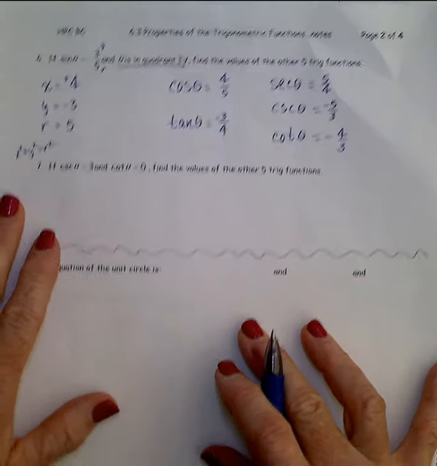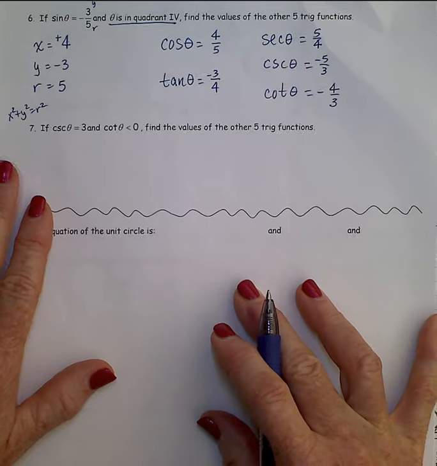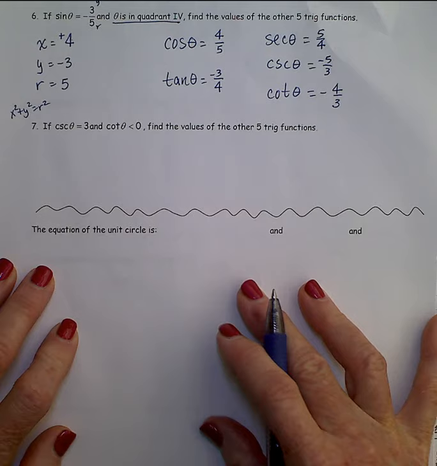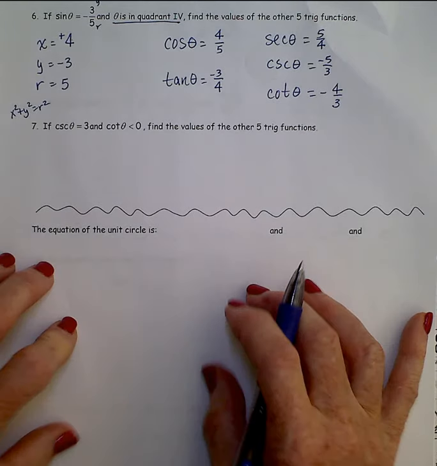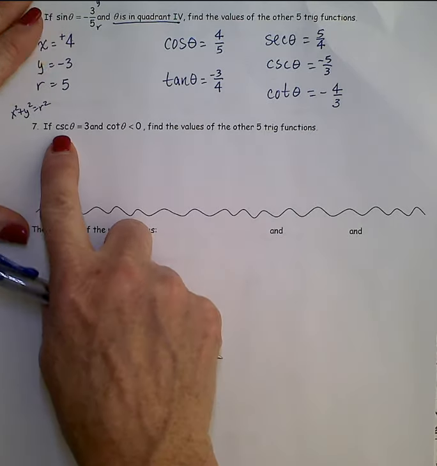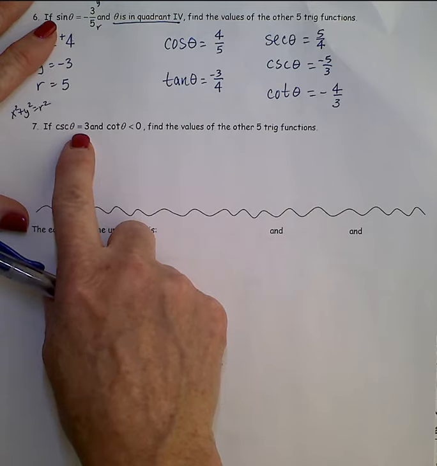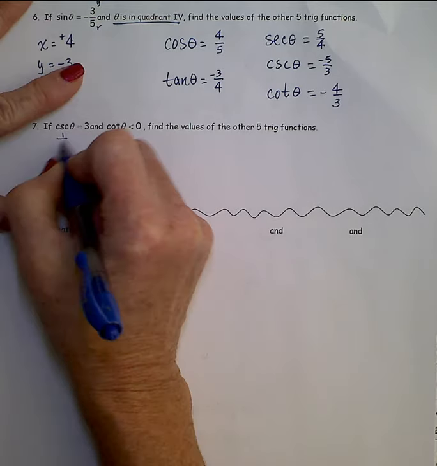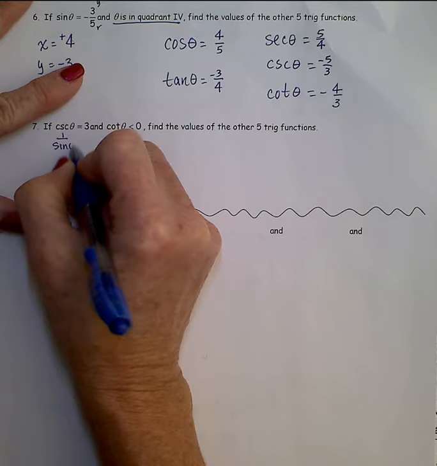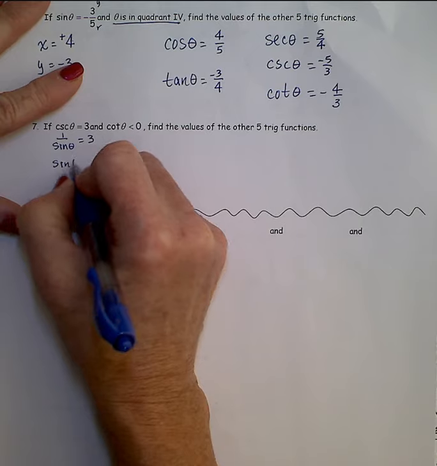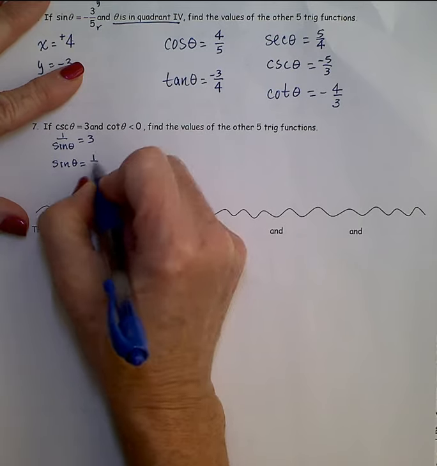Another way to handle this, and some of you may like this way better, is to draw a right triangle and take a look at what's going on here with the right triangles. First thing I want to look at here is cosecant theta is equal to 3. That means 1 over sine theta is equal to 3, which means sine theta is 1/3.